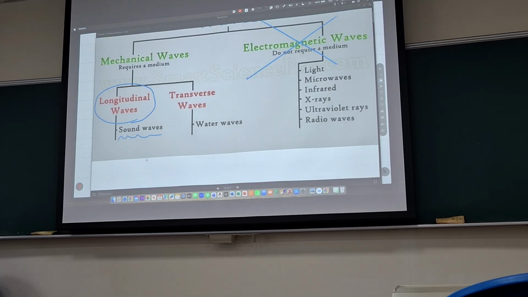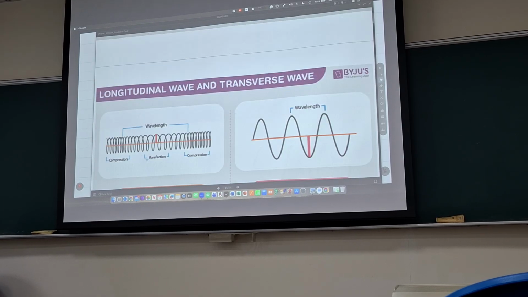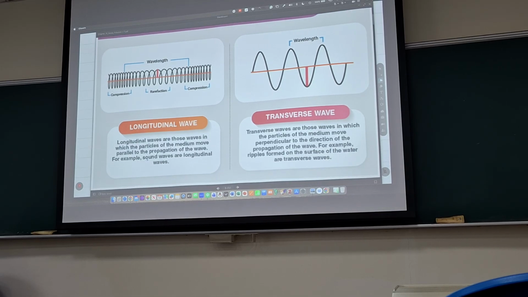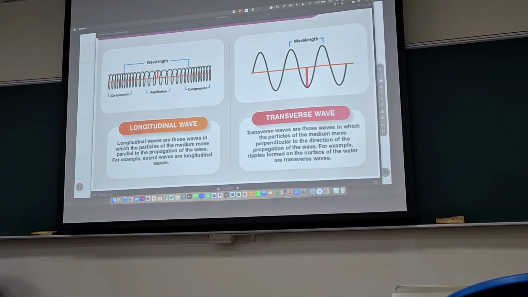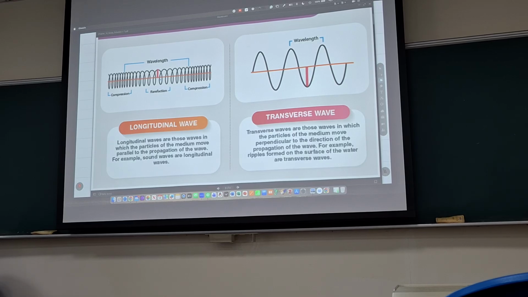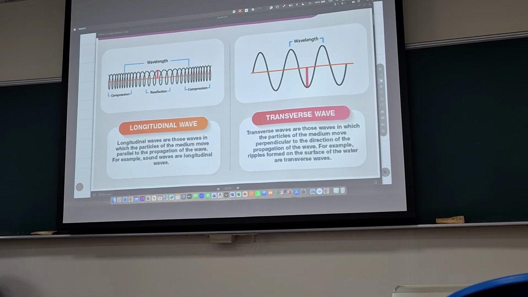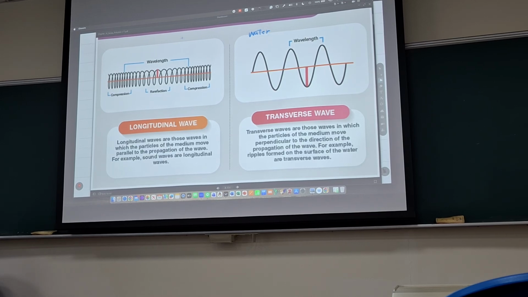So there are two kinds of mechanical wave. One is longitudinal. The other one is transverse, right? So this is longitudinal. You might have noticed in physics before, right? Compression, rarefaction, compression. And this is transverse, like water. So water is transverse. Rope is also transverse.